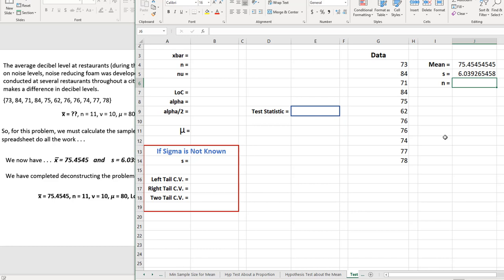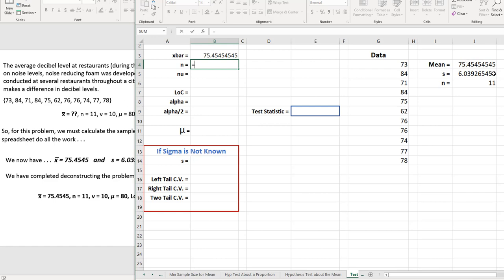And we already have n as 11 values. Remember, there are 11 values here. I'm just going to copy these values on the left-hand column by doing a direct cell reference. Equals, x bar is the same as mean.